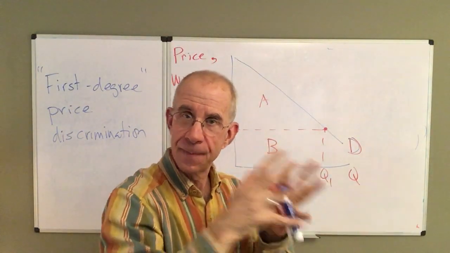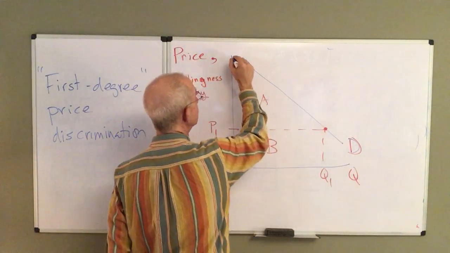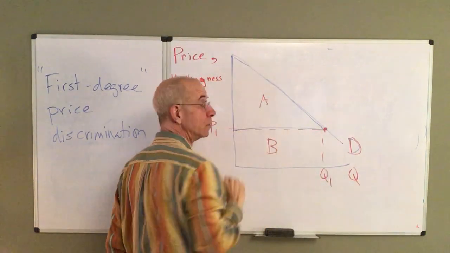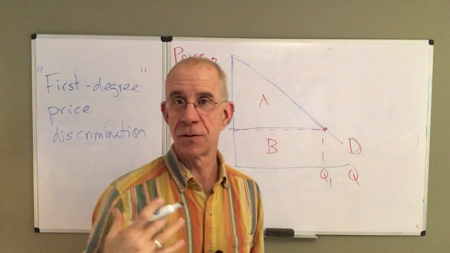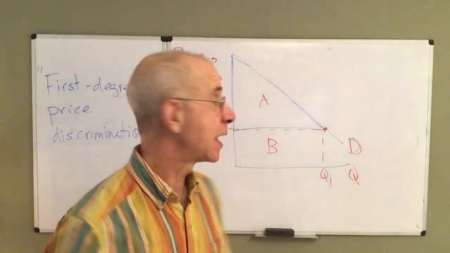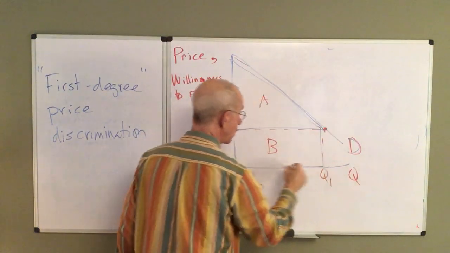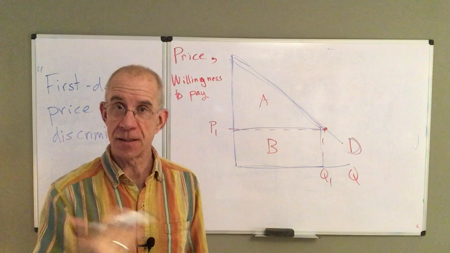If you can extract that, then what firms could potentially do is that they could get revenue which included the so-called consumer surplus. The willingness to pay of A plus B would be what is actually paid in the marketplace.